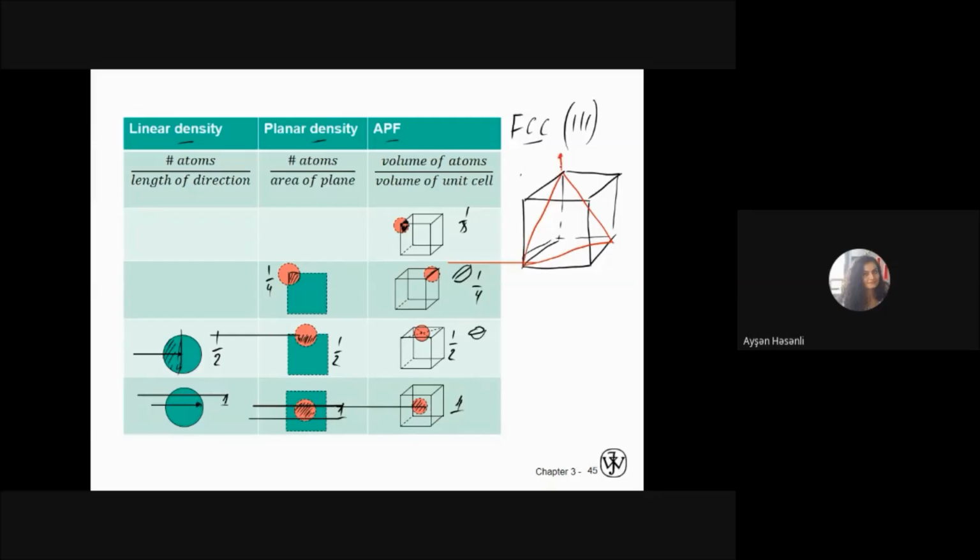This one is Z axis, Y and X axis. So 111 plane and atoms. I will have these corner atoms. I will have face atoms, but I will take just 3. 1, 2, 3. So if this side is A and A, the side of the triangle will be A under square root of 2. So I have an atom over here.